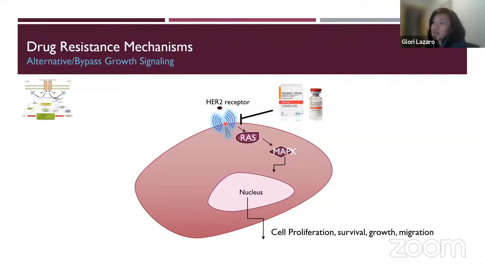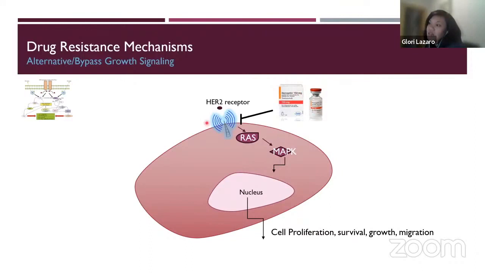The HER2 receptor, we know, signals downstream. So these 2 proteins, which is called the RAS MAPK protein, this is the pathway. They will signal to the nucleus and instruct the nucleus to proliferate and grow, divide, and all that. So great, we found a cure for cancer.